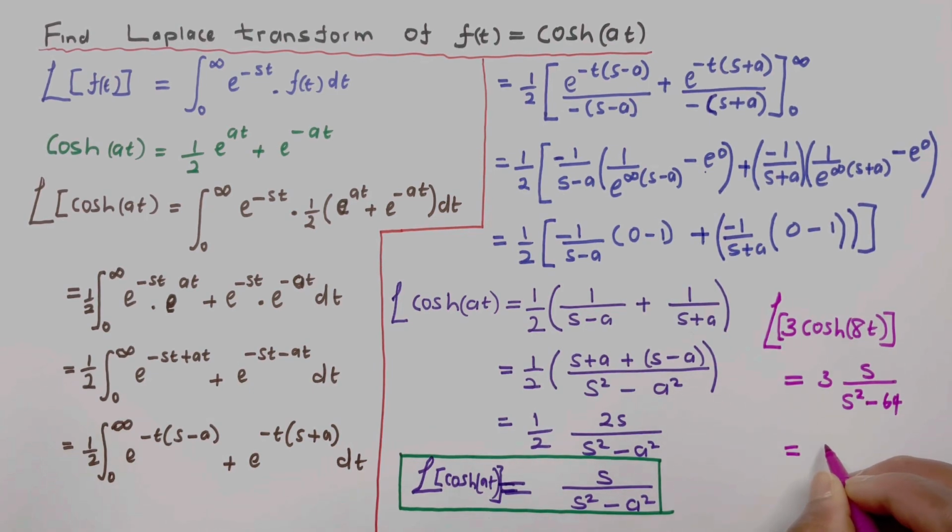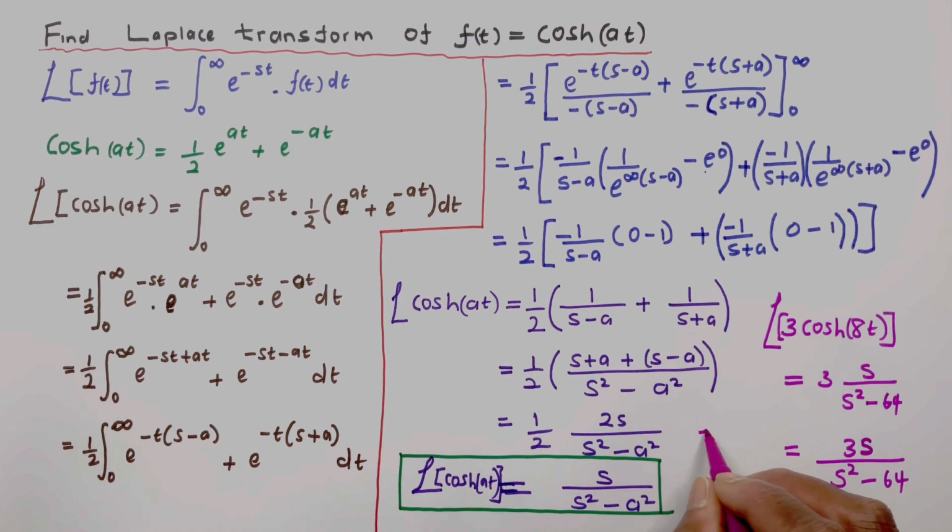So that would be 3s over s squared minus 64. That would be the Laplace of 3 cosh 8t.